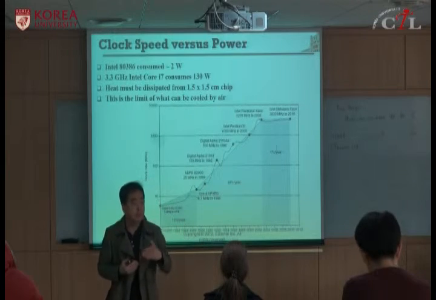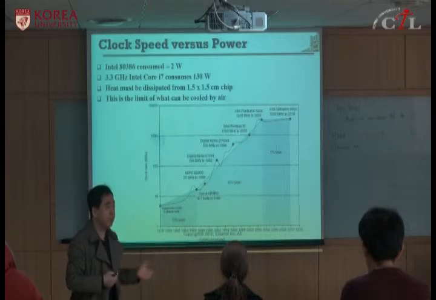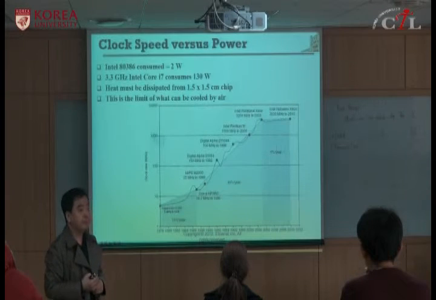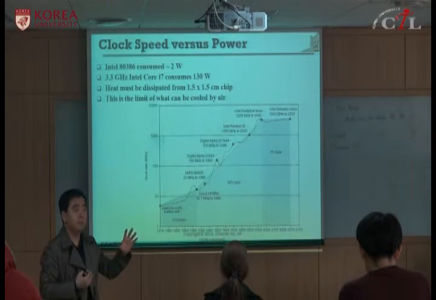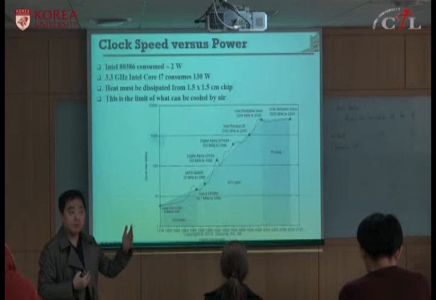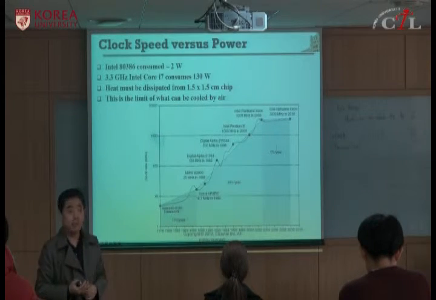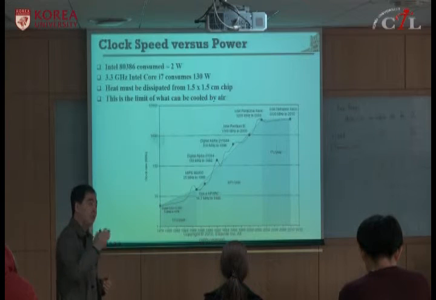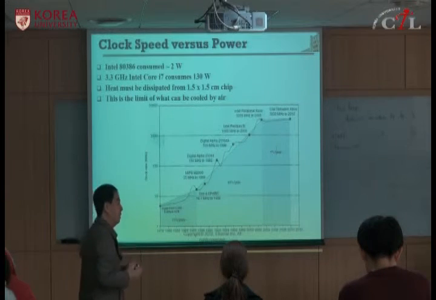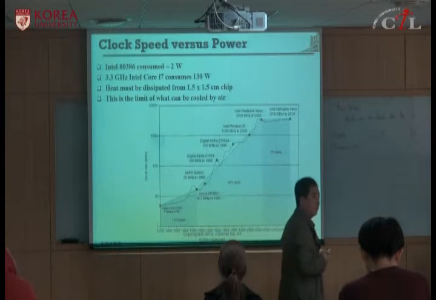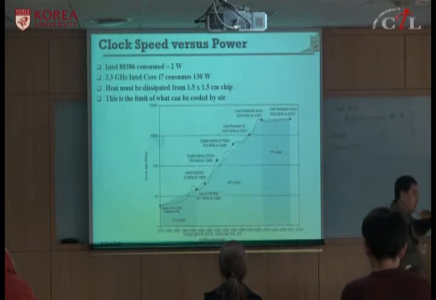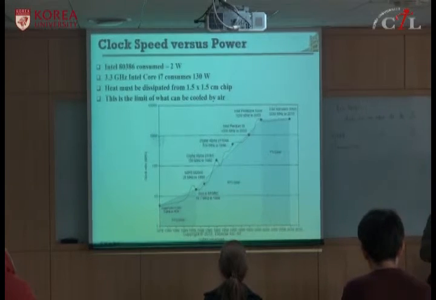And also, if you increase this temperature, then reliability problems occur. If you increase your chip temperature by 10 degrees Celsius, your reliability drops by half, usually. Reliability means bit errors. If you read or do a computation, there can be an error because of this temperature problem. Okay? So this is the maximum power budget for processor design.